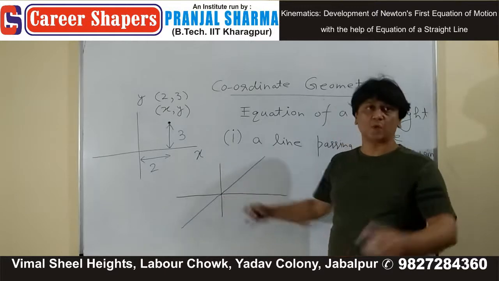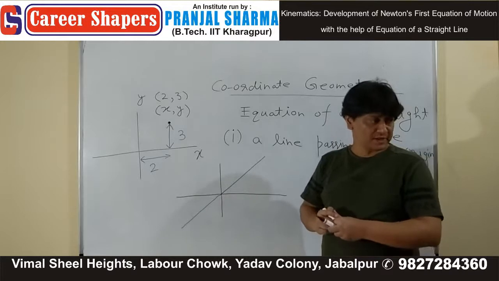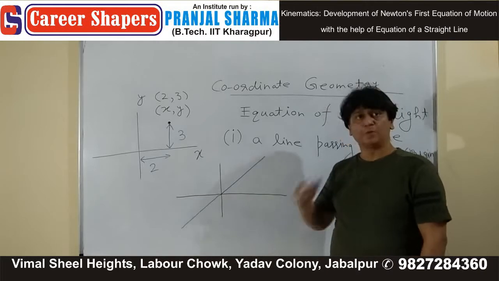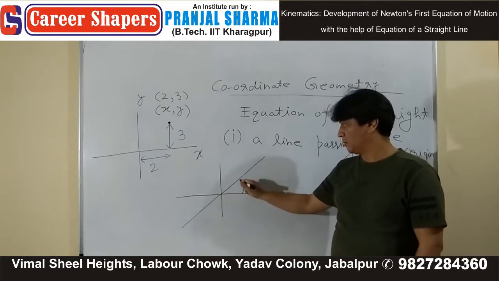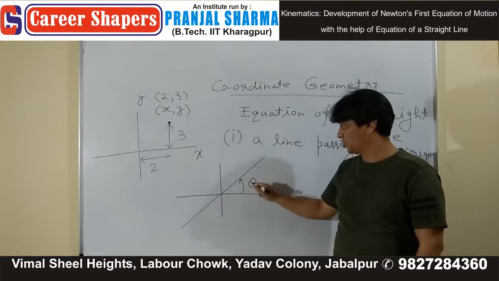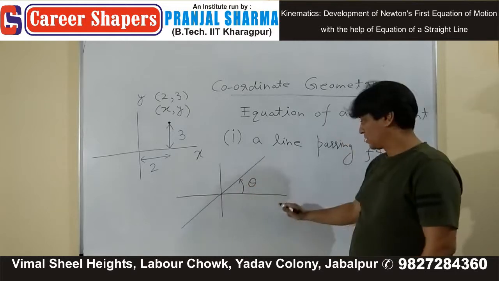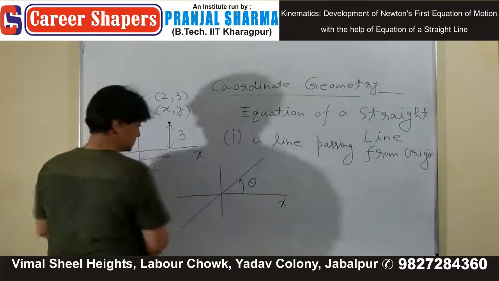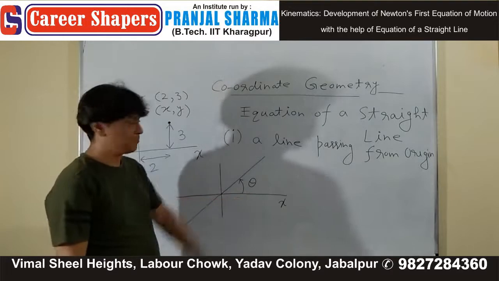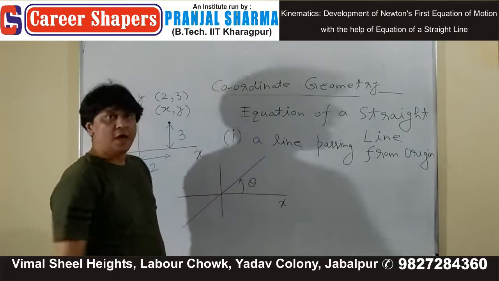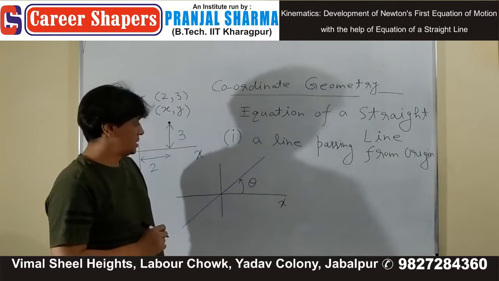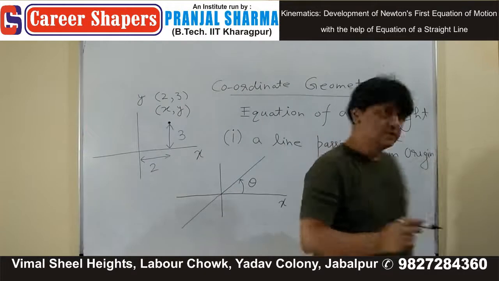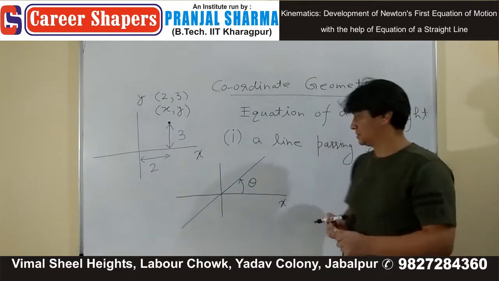Everybody knows this point is what? Origin. I hope you can see this thing. This line, we have been told, makes an angle theta. This angle theta is between the line and the x-axis. This is something which we know. And everybody knows that tan of theta is perpendicular upon base.